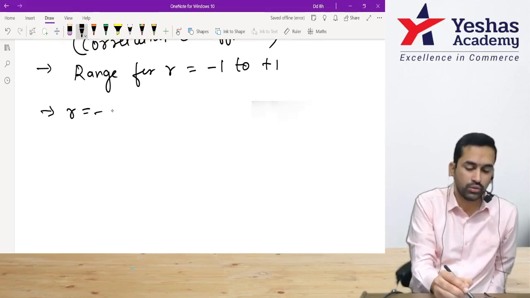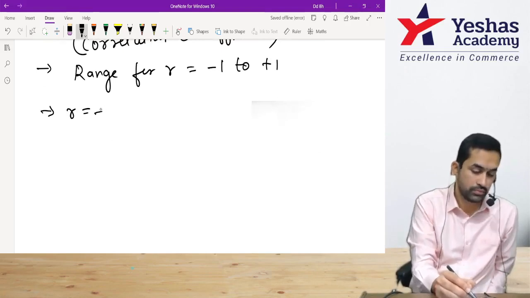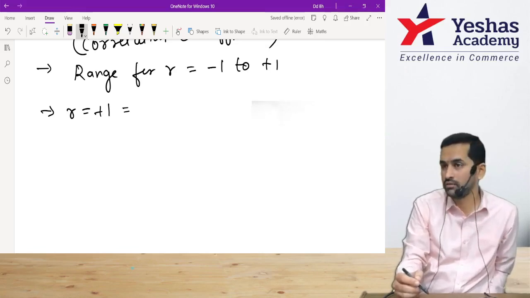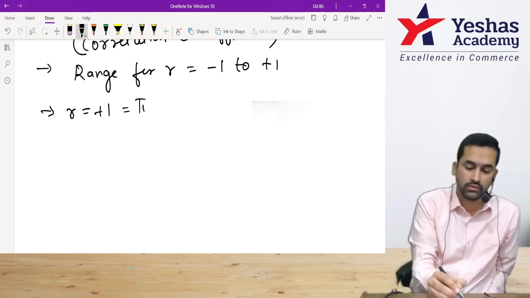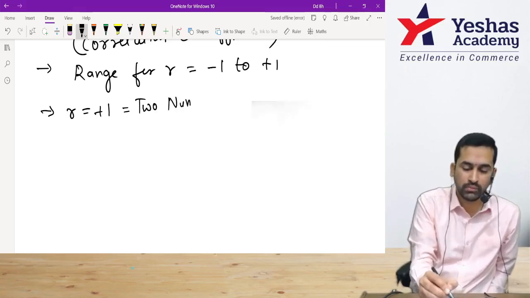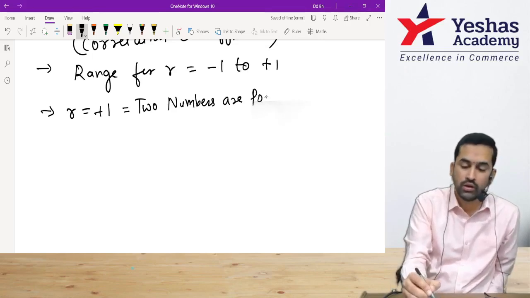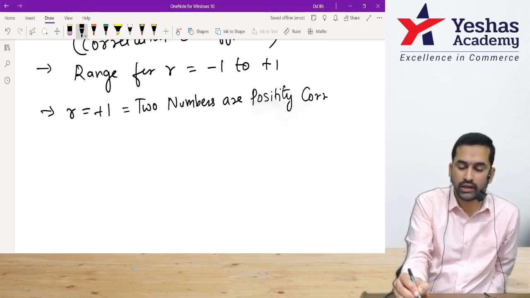R is equal to plus 1. That means two numbers are positively correlated.